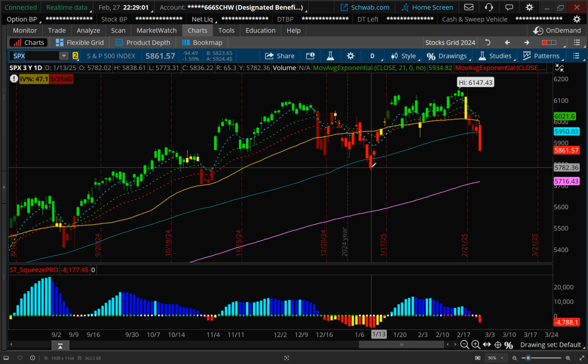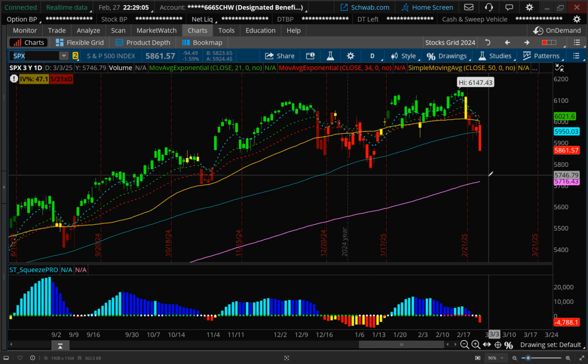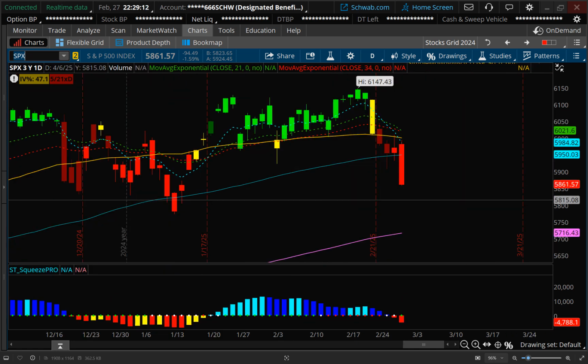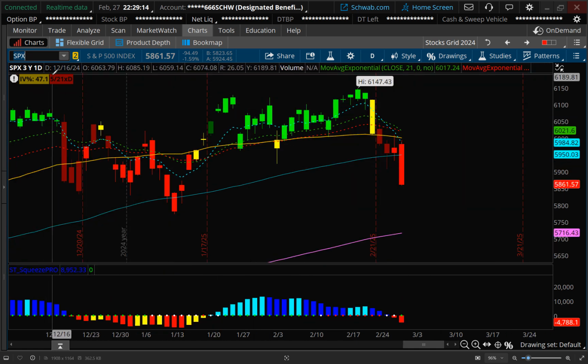Ideally, we don't break the January 13th lows. That would not be a great scenario because then we'd probably be all the way down here at the 200 simple. But I don't think it's that surprising that we're seeing this near-term volatility.